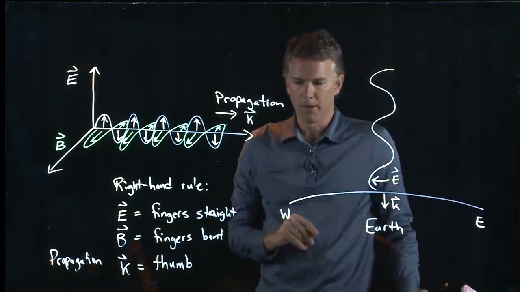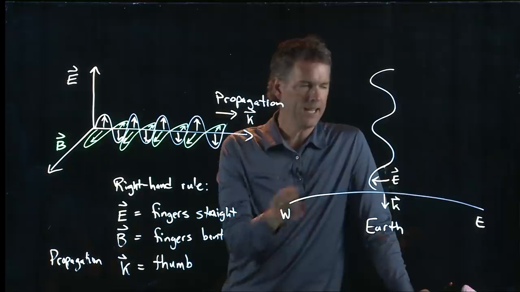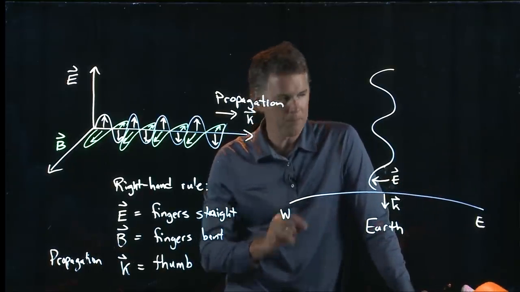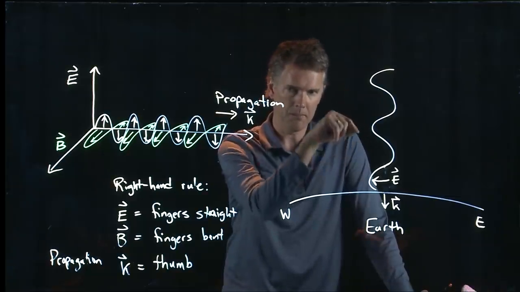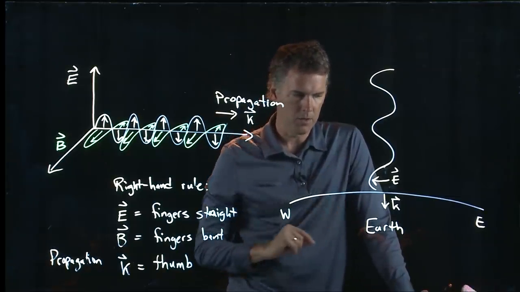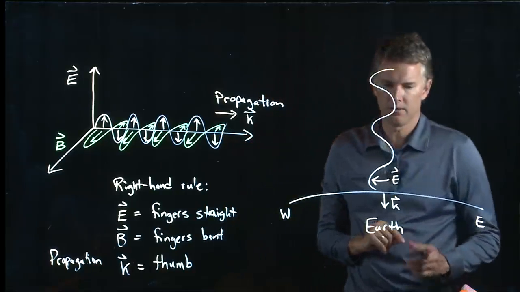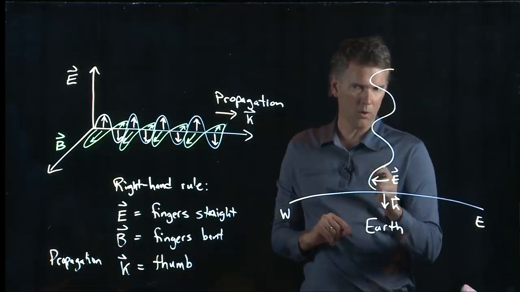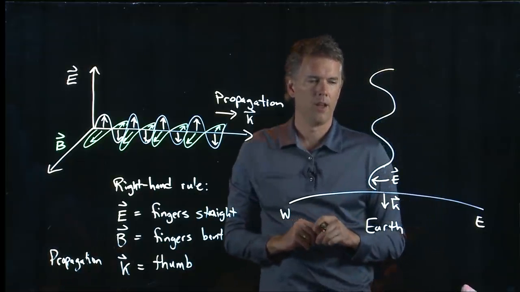So it can't be west and it can't be east. We also know that it can't be up and it can't be down. So the only option is into the screen or out of the screen. It's either north or south.